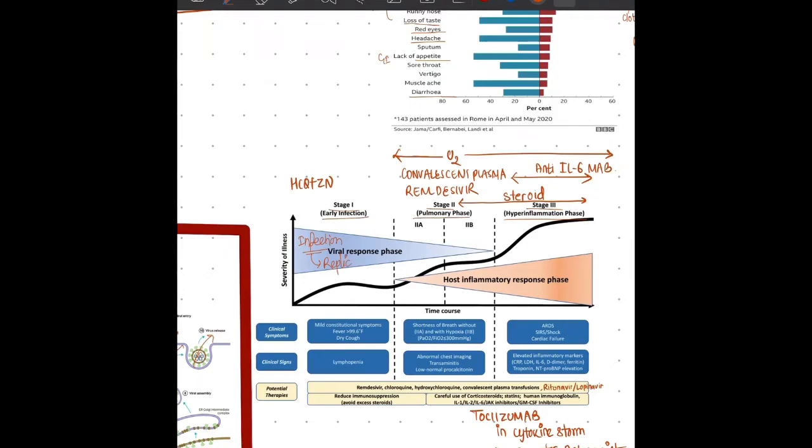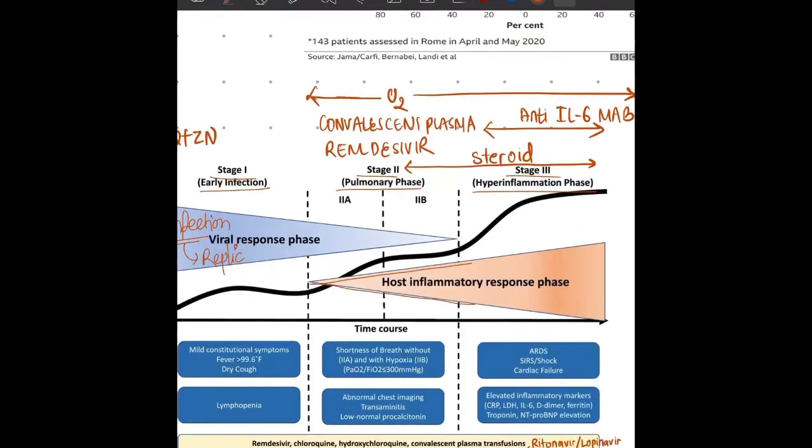Invariably, the virus is going to get cleared out. Why? Because there is development of an immune response, right? So eventually the virus is going to get cleared out because of activation of the inflammatory response. But later on, even after the clearance of the virus, the inflammatory response may persist.